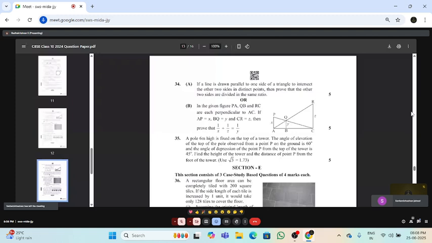Okay. So let me write down the problem. A line is drawn parallel to one side of a triangle. So here is a triangle. I'm going to share this tab now. Here is a triangle ABC.